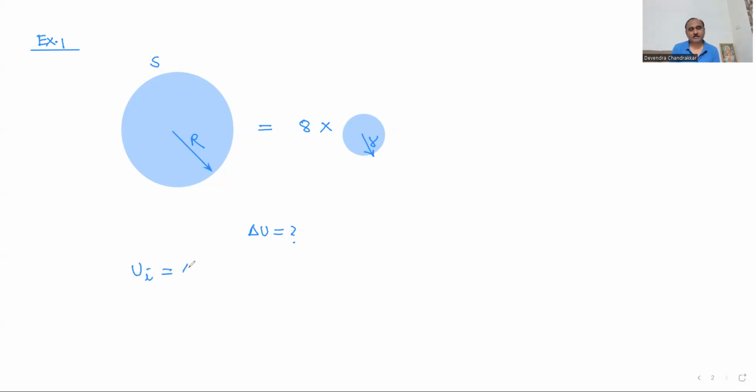Surface area is 4 pi R square into surface tension S. This is the initial surface energy of the first drop. Now, for all the water droplets, it will be 8 into 4 pi r square into S. Now we want to find the value of small r.